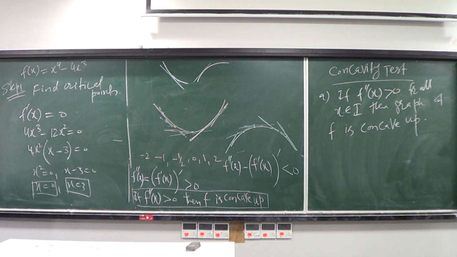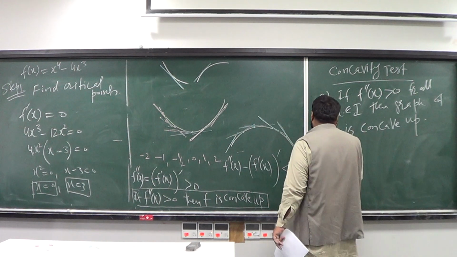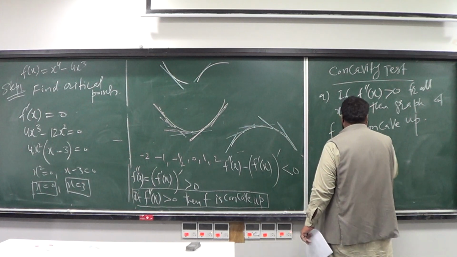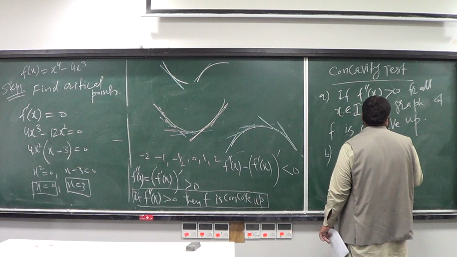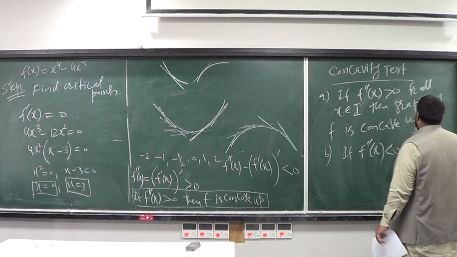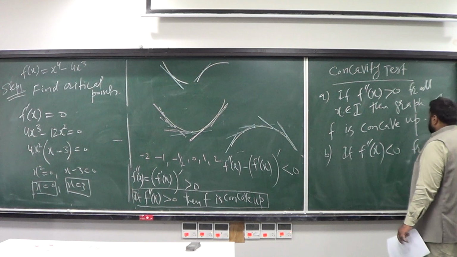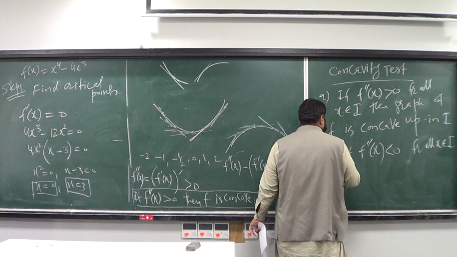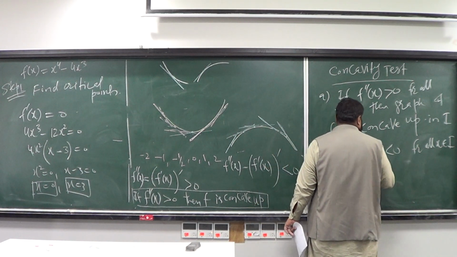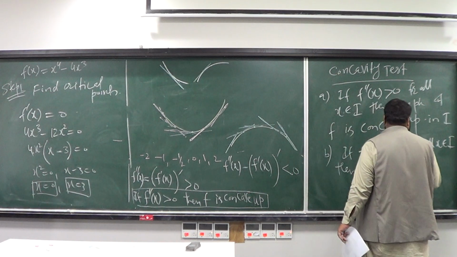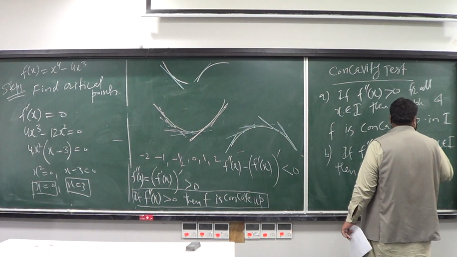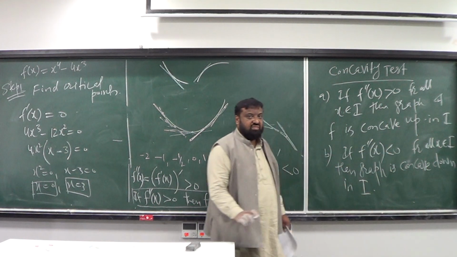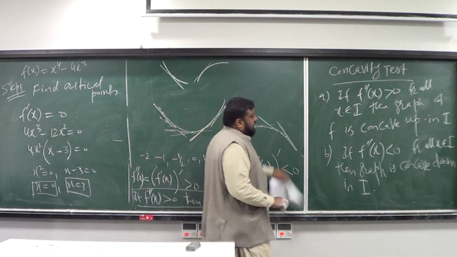And if f double prime of x is negative for all x in I, then the graph is concave down in the interval I. So this is the concavity test.